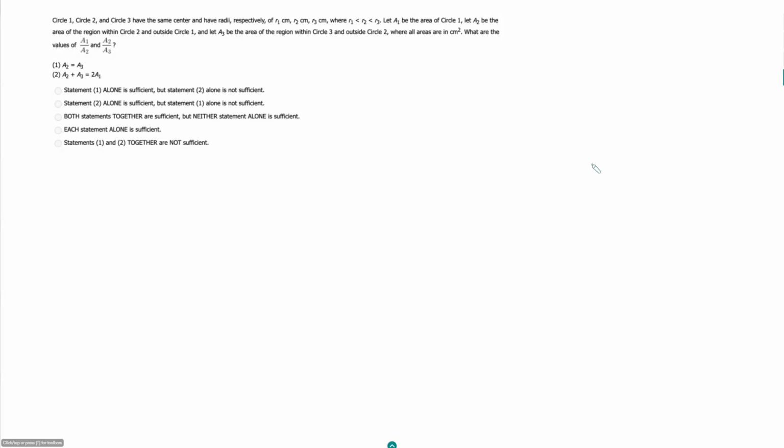So, this is like 5 different questions all in one. First of all, what does this picture even look like? Let's say we are centered here at our origin, and we got one circle that looks like this, and then we got some other circle that has the same center.